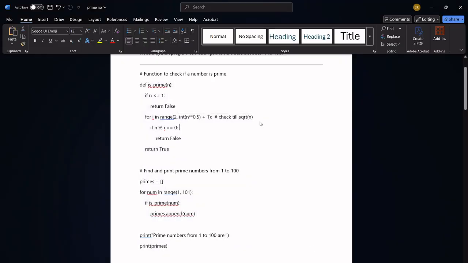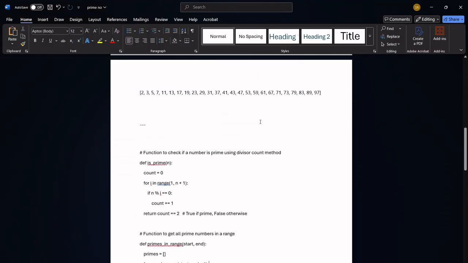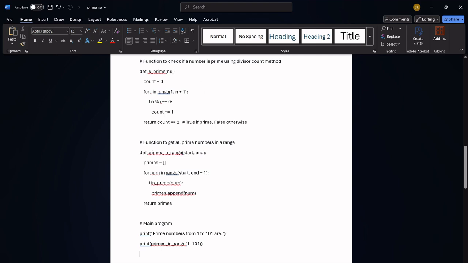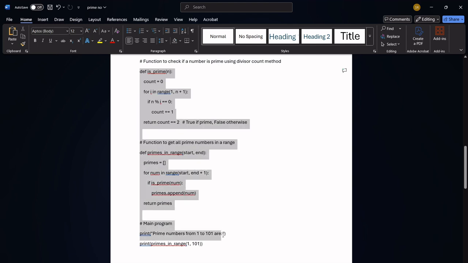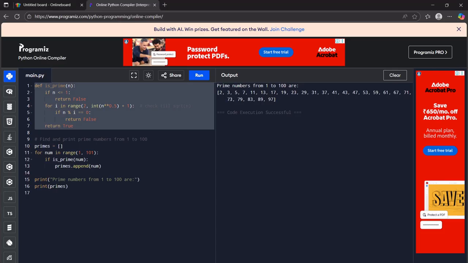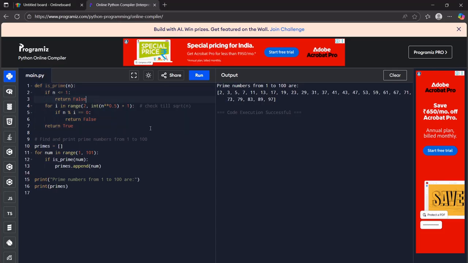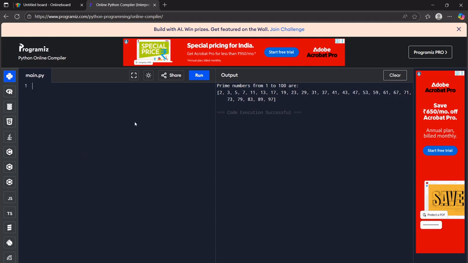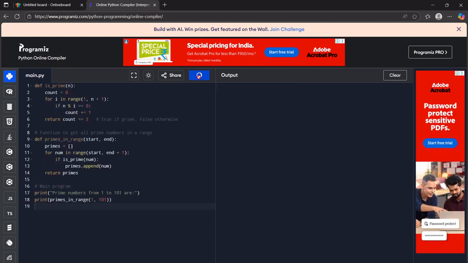Now our second approach. This approach uses the divisor count method. As you see, we got the same output as approach 1.